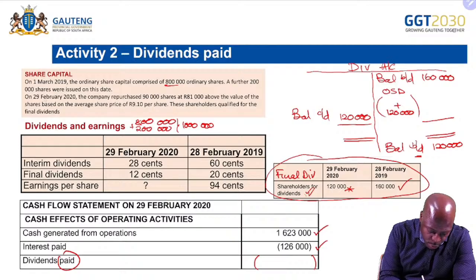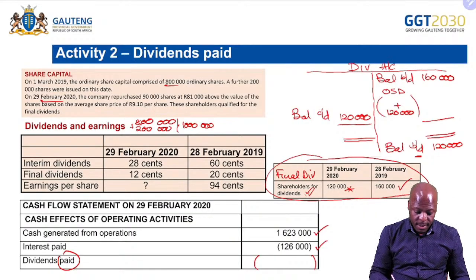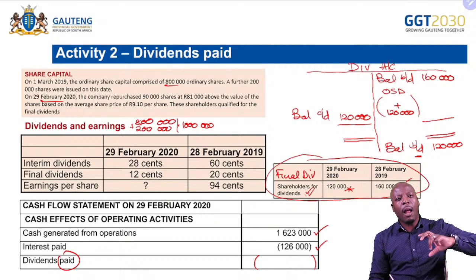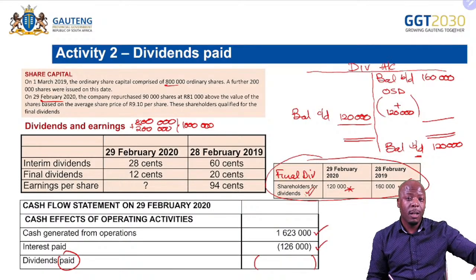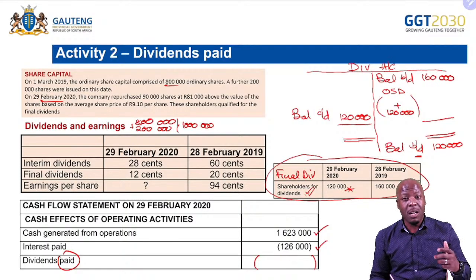On 29 February is the last day of the financial year. The company repurchased. So we are not looking at the last day of the financial year because interim are paid during the financial year. So during the financial year, how many shares were we having? We're having 1 million. Why 1 million? Because the repurchase only happened on the last day of the financial year. So during the year, we had 1 million.